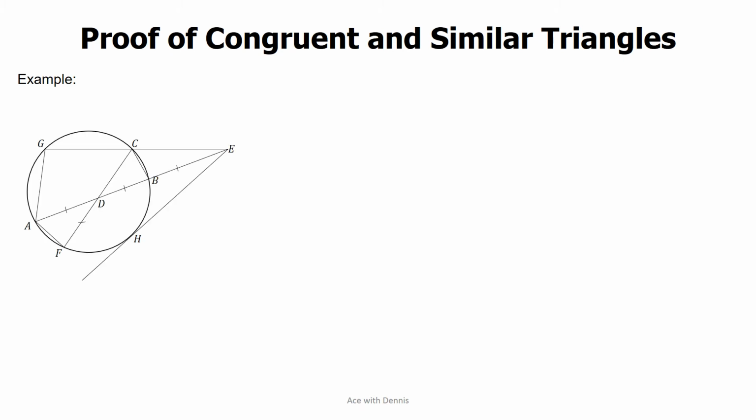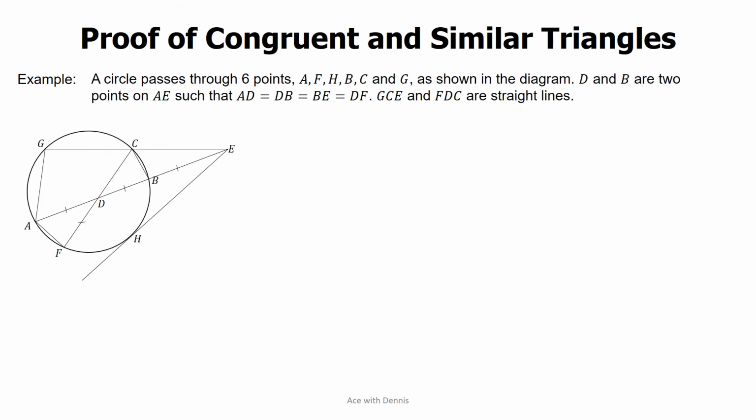Look at this diagram. A circle passes through 6 points A, F, H, B, C, and G as shown in the diagram. D and B are 2 points on AE such that AD equals DB equals BE equals DF. GCE and FDC are straight lines.